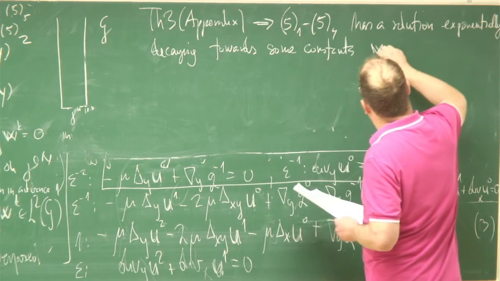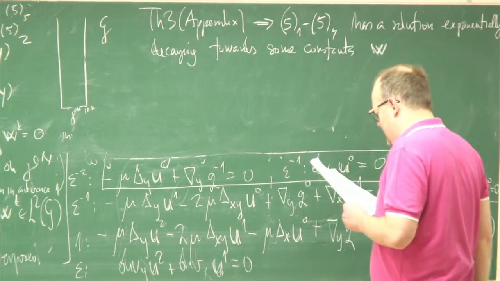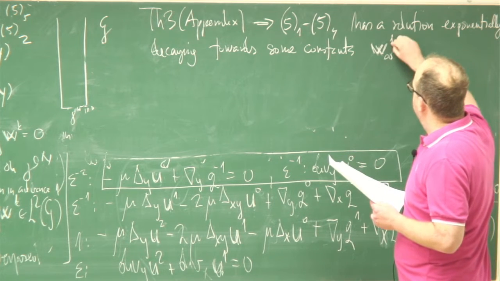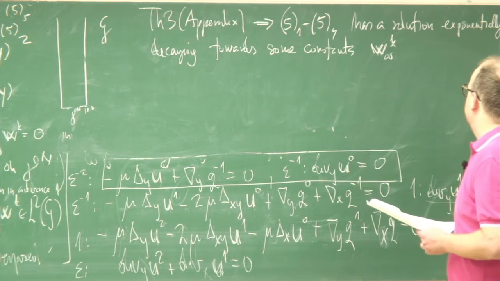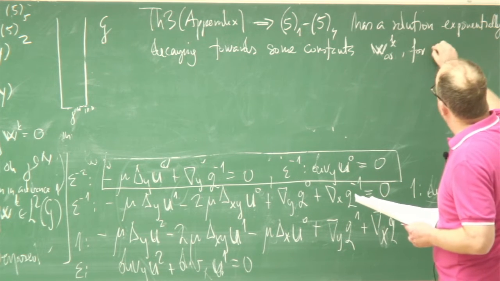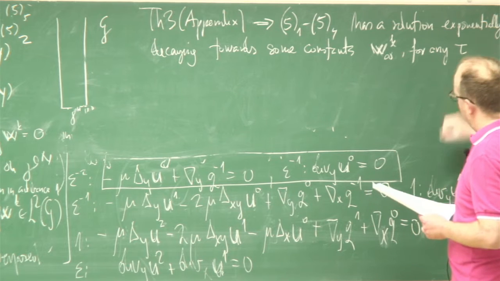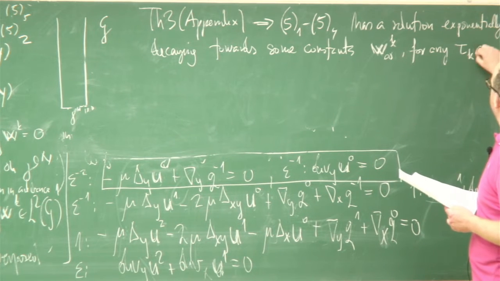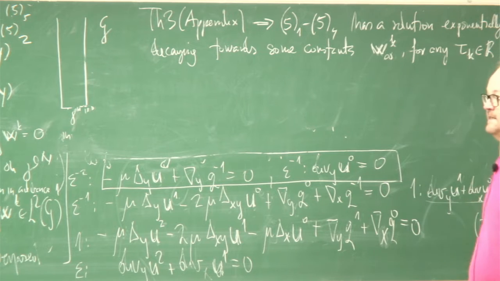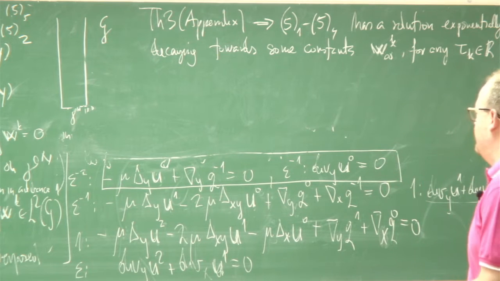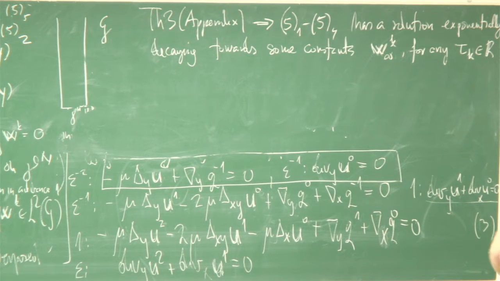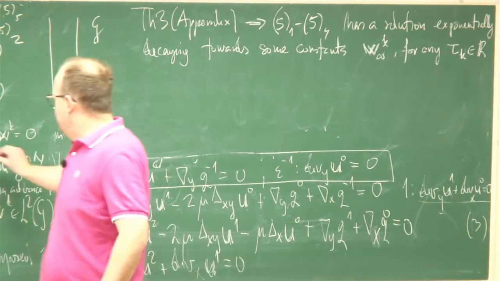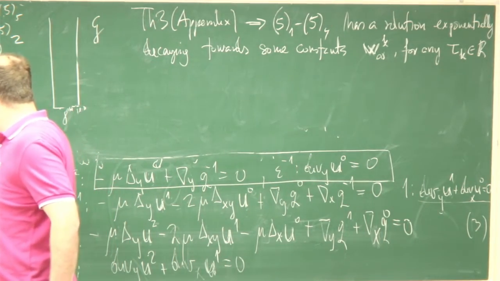Let us denote them by W_k infinity, for any choice of tau_k. This is D in the appendix. Essentially D is this.